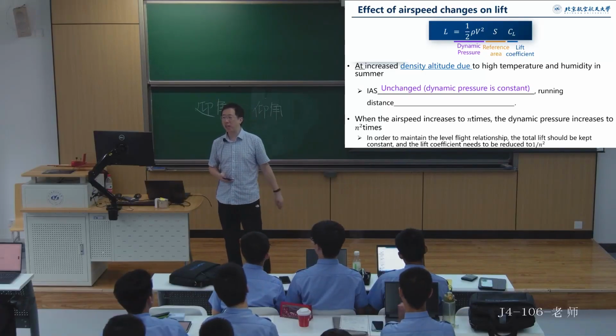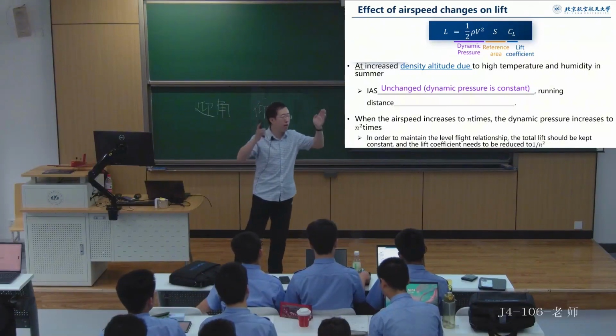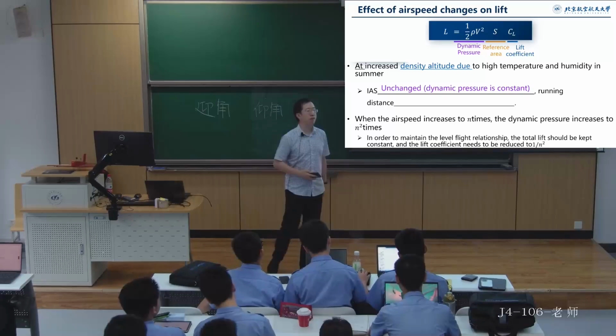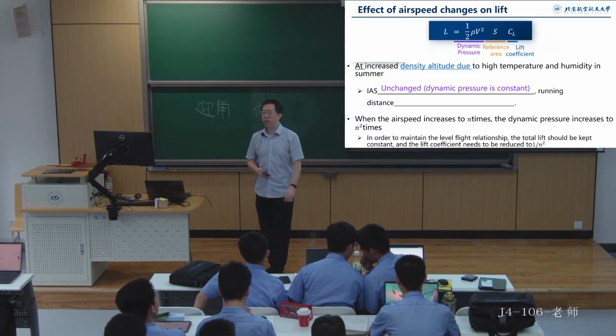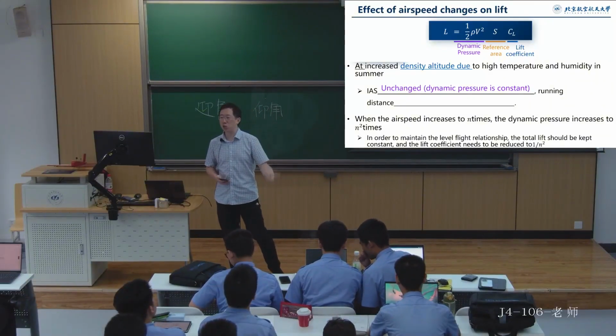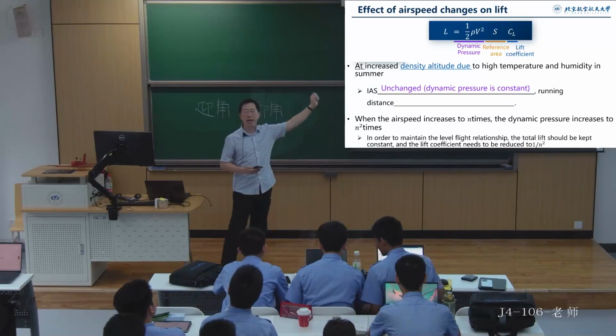Because I'm not considering the wind. There's no wind, so the speed relative to the wind and the speed relative to the ground are exactly the same, right? There's no relative motion between the wind and the ground. So the speed I'm accelerating to at this moment should be the true airspeed. However, as the density altitude increases, the corresponding true airspeed needs to increase.